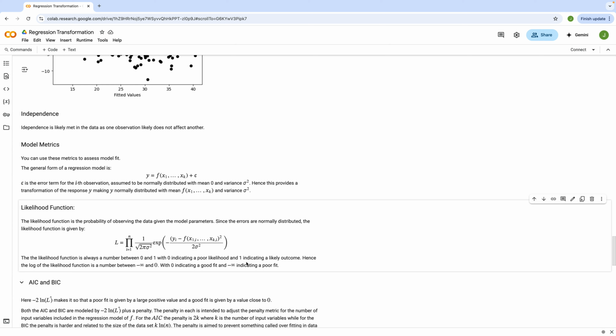When we take the log of the likelihood, because this is always a number between 0 and 1, a product of probabilities, 1 indicating a good fit, a 0 indicating a poor fit. When we take the natural logarithm, those numbers range from minus infinity to 0. So negative infinity for the log likelihood indicates a poor fit, 0 indicates a good fit.